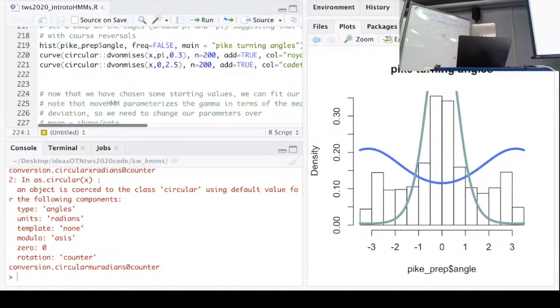And then, more often than not, what we end up looking for is just a flat distribution that's centered around 0. But in this Pike example, it looked to me quite a bit like there was actually another peak centered at pi.